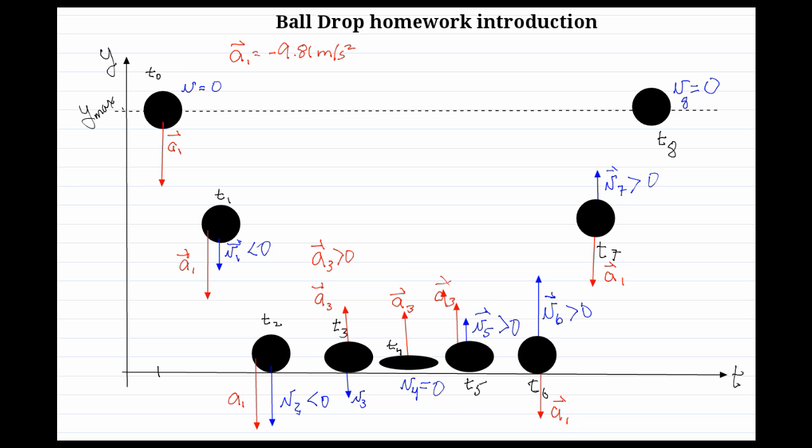And again, it's still the acceleration due to gravity, which was A1. And you can imagine what happens next. Basically, this pattern repeats itself. Keeping all of these steps in mind will be useful for the ball drop homework in your activity manual. I hope this was helpful.